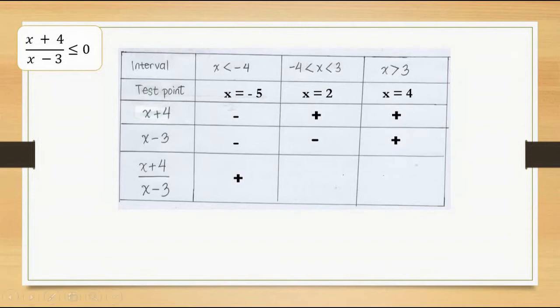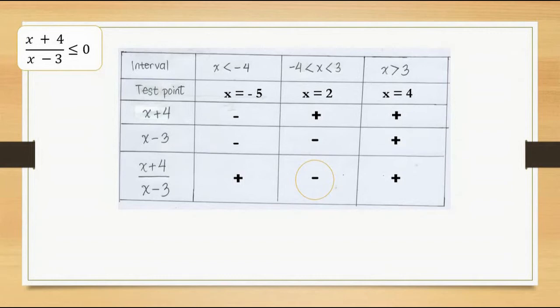It's like simply dividing. Next, positive divided by negative is negative. Next, positive divided by positive is positive. Take note of the signs. So there are positives, and there is a negative in the middle.